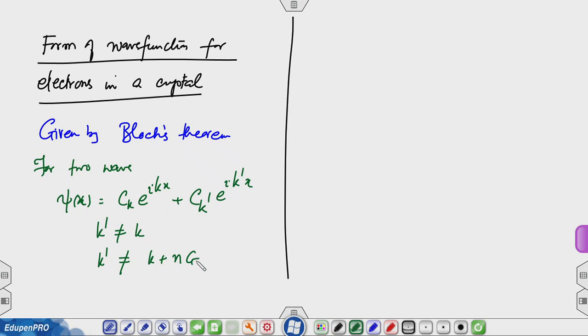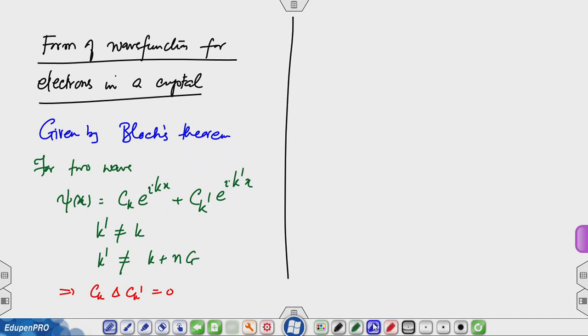It's some arbitrary k'. Then I am going to show this will imply that c_k and c_{k'} are both 0, and that means the wave function cannot exist where you take this kind of form where k and k' differ by some arbitrary wave vector.